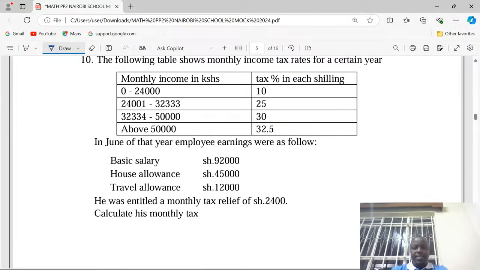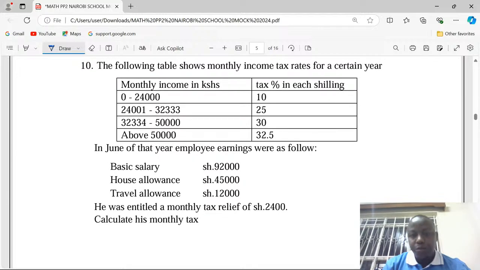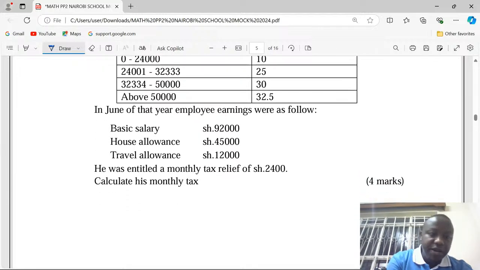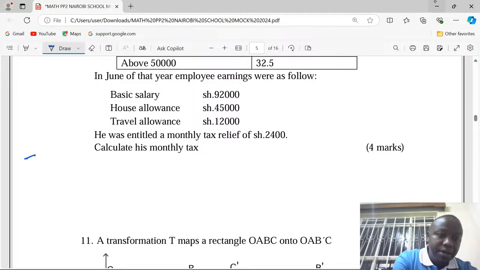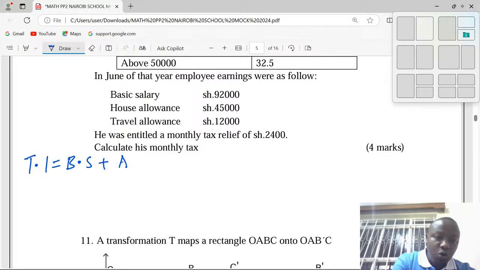So in this case, we're going to first of all get the taxable income. Taxable income is generally given by the basic salary plus all the allowances.